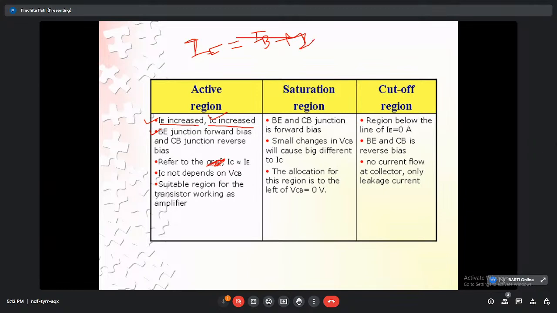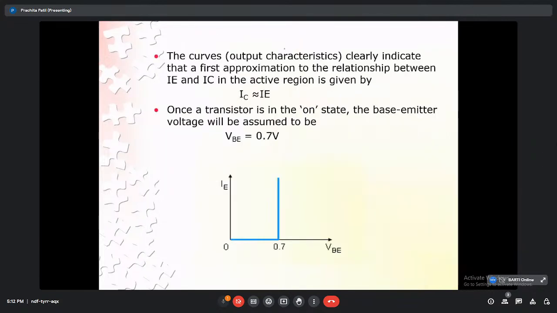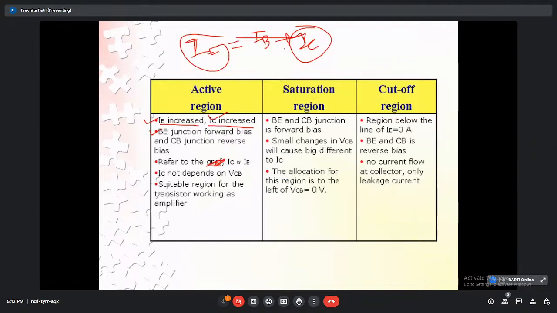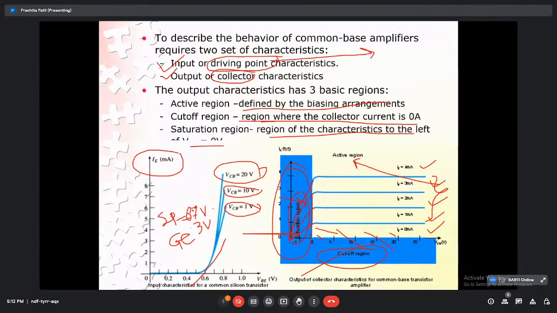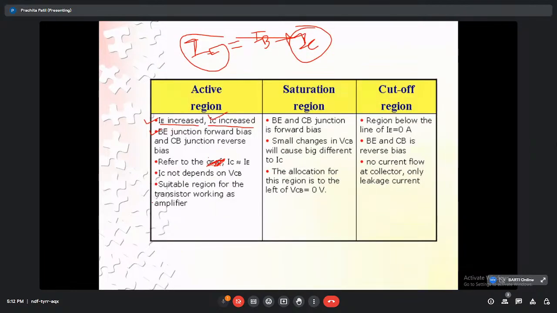Here these two currents, IE and IC, are in milliampere. As I have mentioned earlier, the base current is very small, and because of that these both are equivalent. So IC does not depend on VCB. Then it is a suitable region for the transistor working as an amplifier. So you can see this is the application of the transistor when we operate in the active region. So it's a peculiar application.